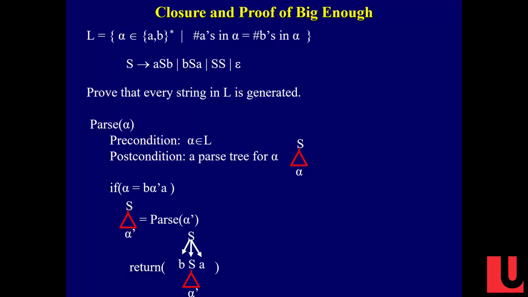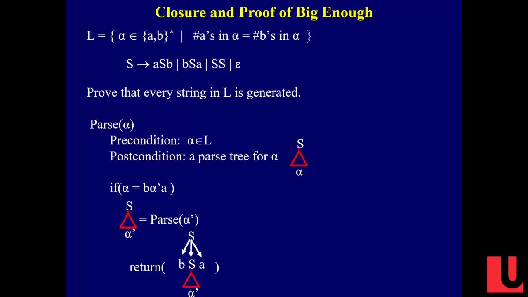Professor, what's the alpha prime here for? What's the difference between alpha and alpha prime? So if I have some string that begins with an A, and alpha is my thing I want to parse, I'm going to say, hey, this here is my alpha prime.